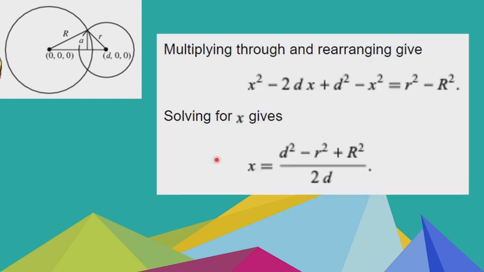Next, multiplying through and rearranging, we get x square minus 2dx plus d square minus x square equals r square minus capital R square. Solving for x, we get x equal to (d square minus r square plus capital R square) by 2d. This is the distance along the axis.